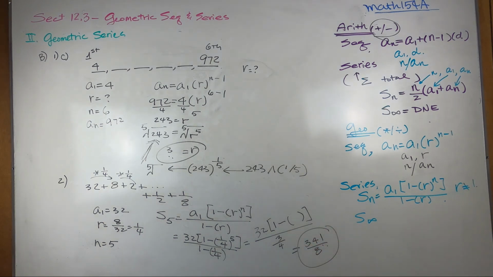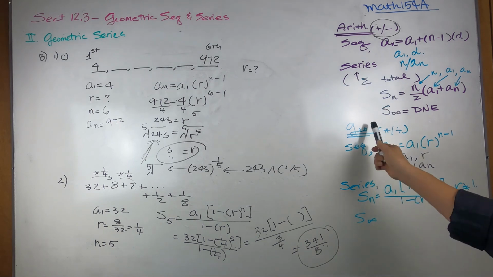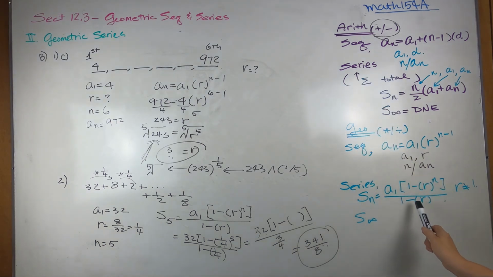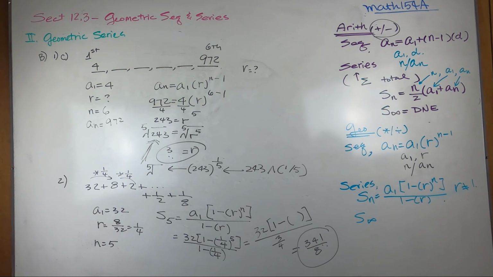Make sure you get it. Right? Otherwise, we'll have to send you back to Math 152A class to start over, right? So that's how we use the geometric series to calculate the sum.